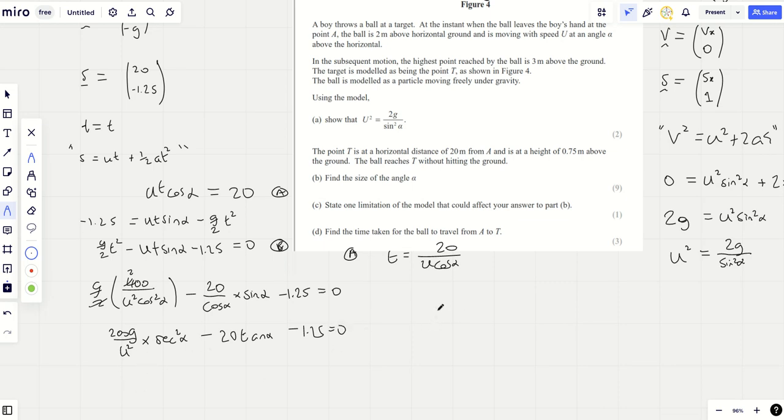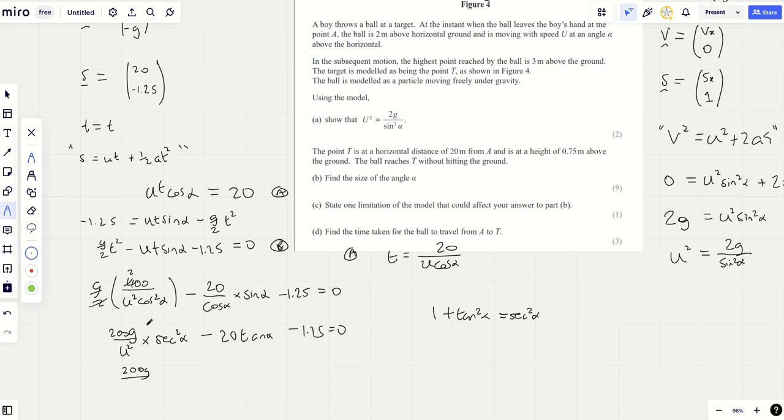And as 1 plus tan squared alpha is sec squared alpha, I can write this as 200g over u squared. I think I might actually write down u squared though as 2g sine squared alpha, or 200.